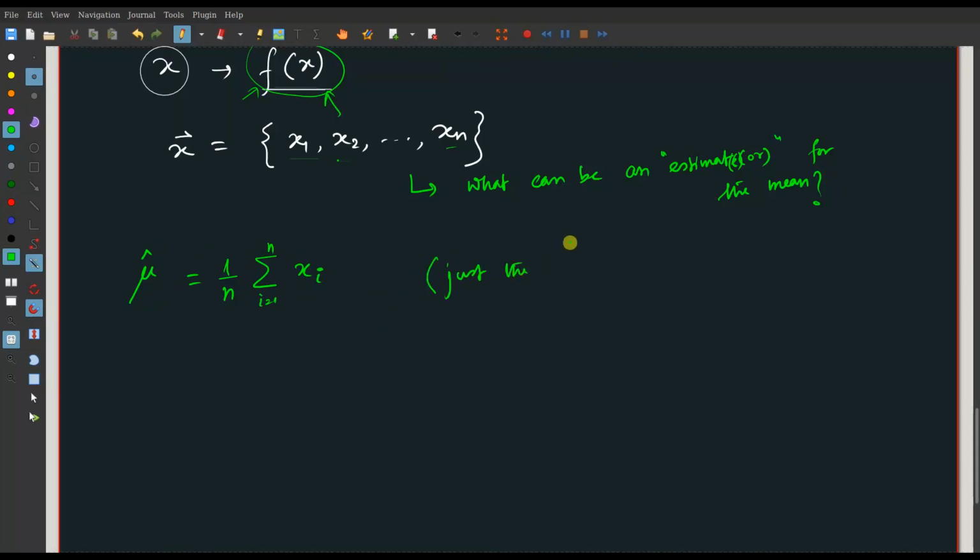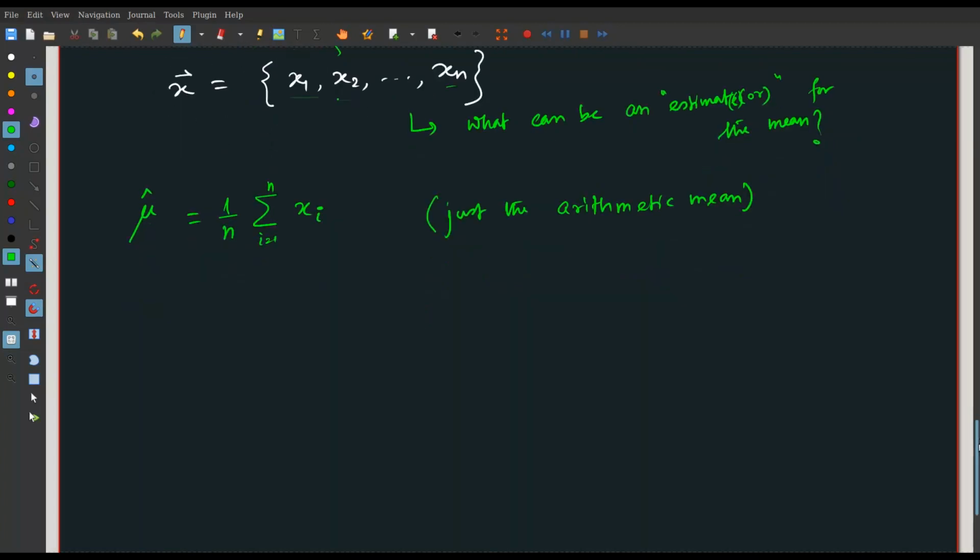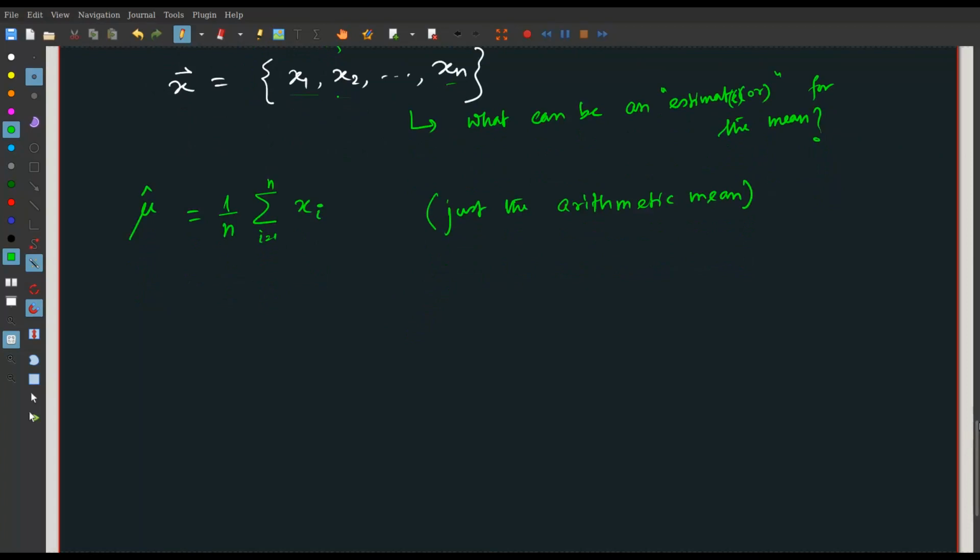The arithmetic mean. Okay, now let us check whether it is consistent or not.